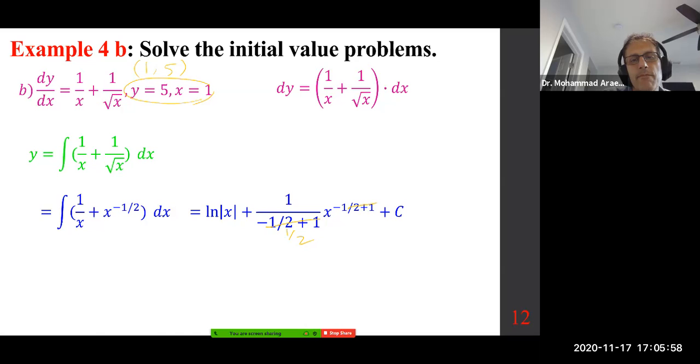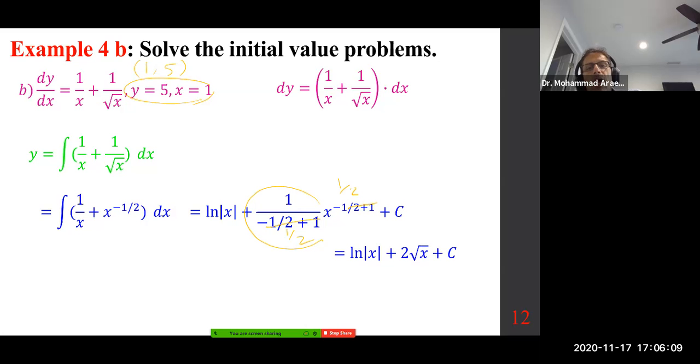1/2. And this one is 1 over 1/2, or 2, and the other one is square root of x. And this is a general solution. And we would be done if we were looking for a general solution. However, we are given a pair 1, 5, which means we are going to replace the x with 1, everybody.